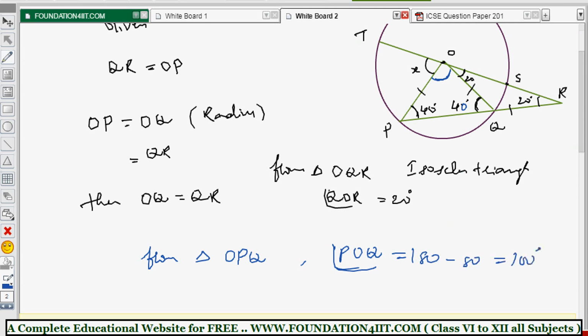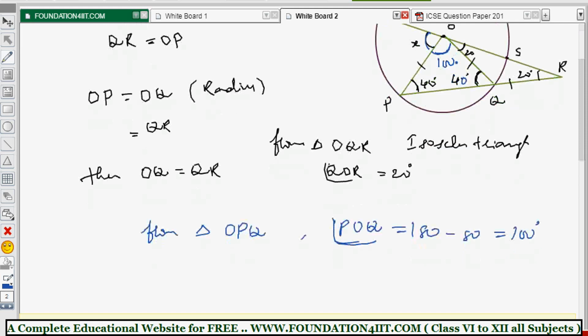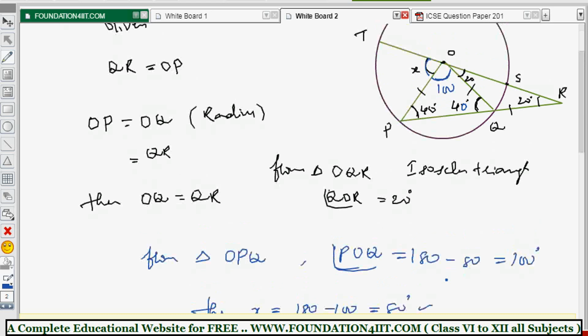So that is 100 degrees. Now if it is 100, then x you can find because a straight line is 180. Then x is equal to 180 minus 100, 80 degrees. So the x value is 80. So it's simple. Just the exterior angle of a triangle is equal to the sum of the opposite interior angles. Only that property is applied.